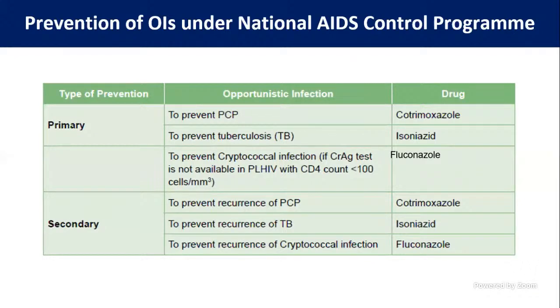The secondary prophylaxis is used for relapse or recurrence of a disease. For example, in PCP we use it. In tuberculosis, again, we use secondary prophylaxis for TPT. So this is a slight differentiation that we need to make between primary prophylaxis and secondary prophylaxis. Next slide.